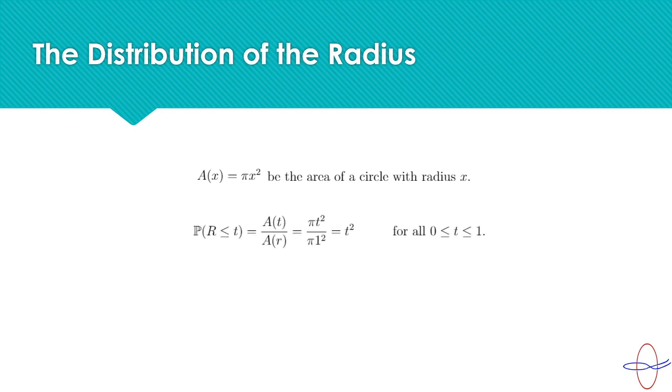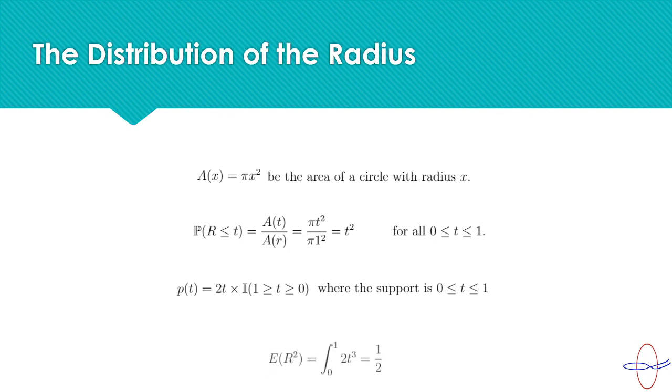To get the distribution of the radius, we use uniform sampling over the geometric shape: we take the disk of radius t and divide by the actual disk, whose radius is 1, and we get t square, where t is between 0 and 1. This implies the probability density is 2t, where the support is between 0 and 1, right?